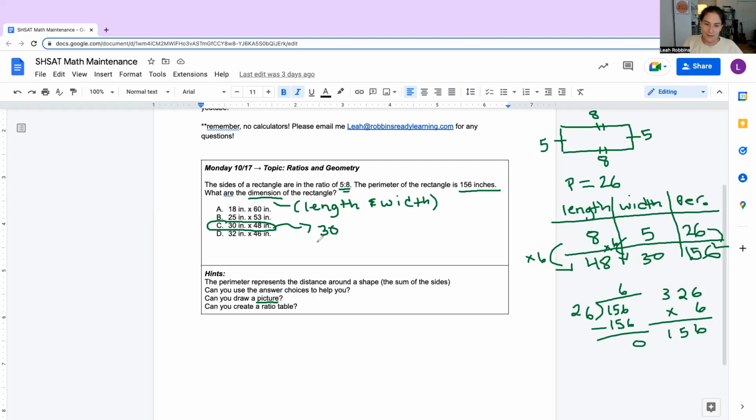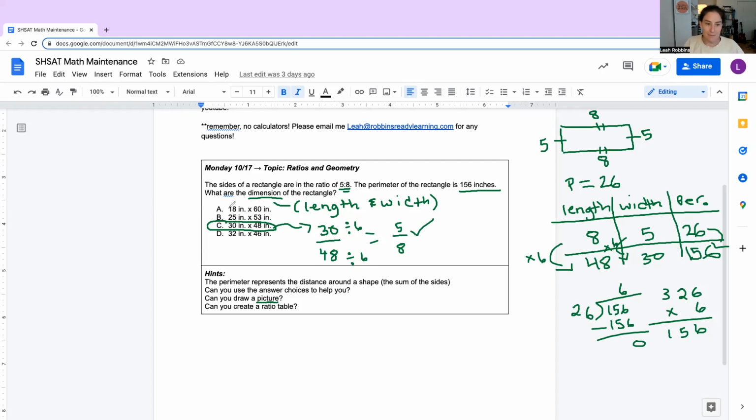And I'm just going to rewrite it as a fraction, 30 to 48. All right, we're going to say to ourselves, what are these divisible by? By simplifying, they're both divisible by 6. 30 divided by 6 is 5. 48 divided by 6 is 8. There you go. That's our 5:8 ratio. And none of these will work.